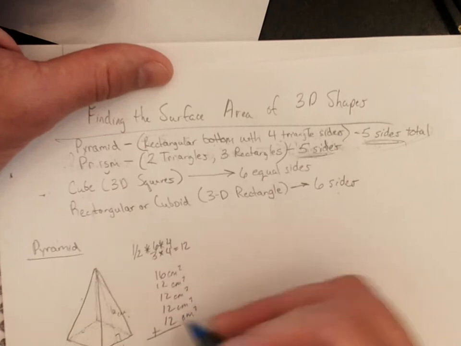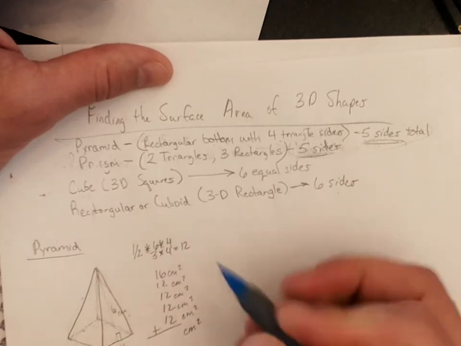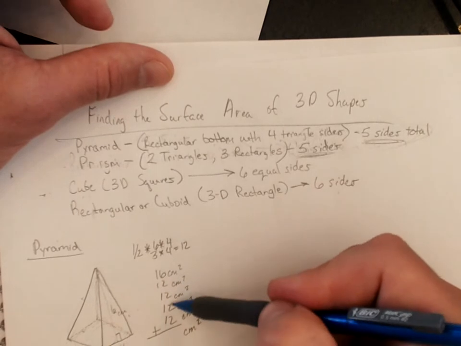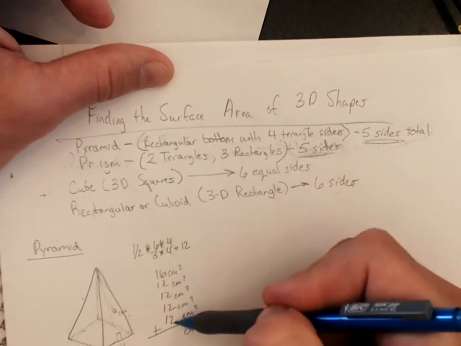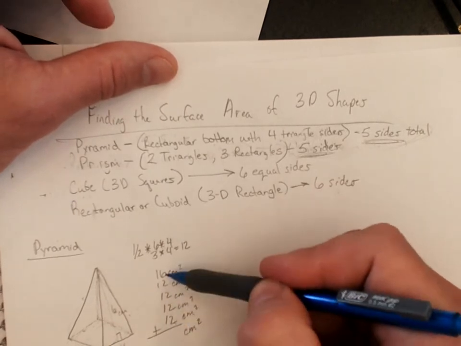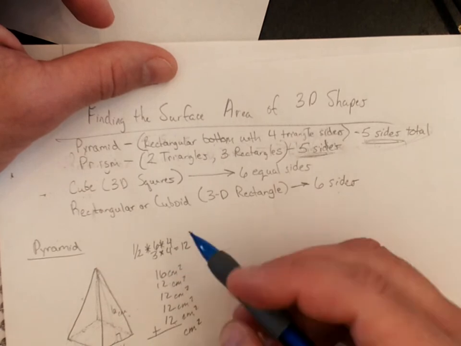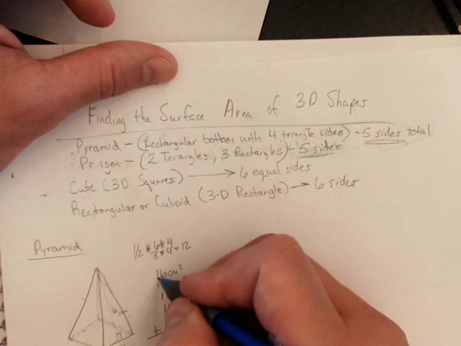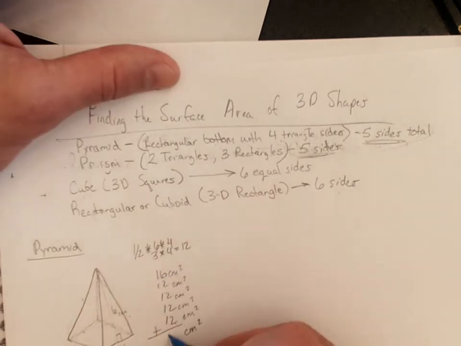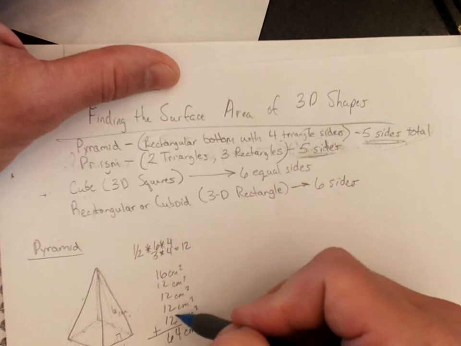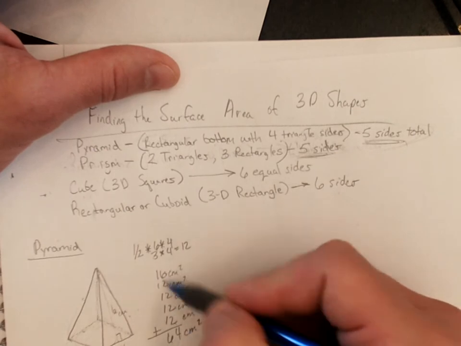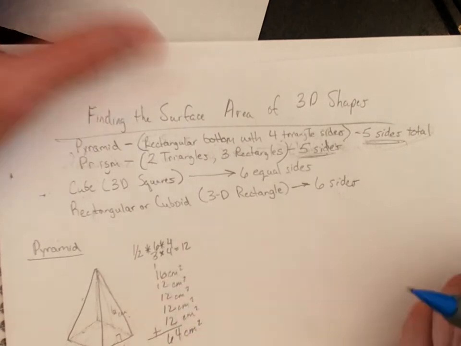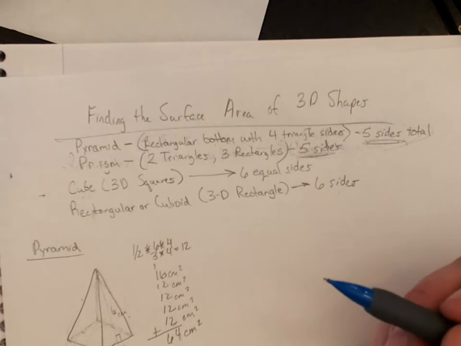And then when I add them all together, they're going to be centimeters squared. So it'd be 12 plus 12 plus 12 plus 12, or 12 times 4 is 48, plus 16, which would be 48 plus 6 is 54, plus 10 is 64. You could have added them all up if you wanted. 8 plus 6, 14, carry the 1. And it all adds up to 64 centimeters squared.